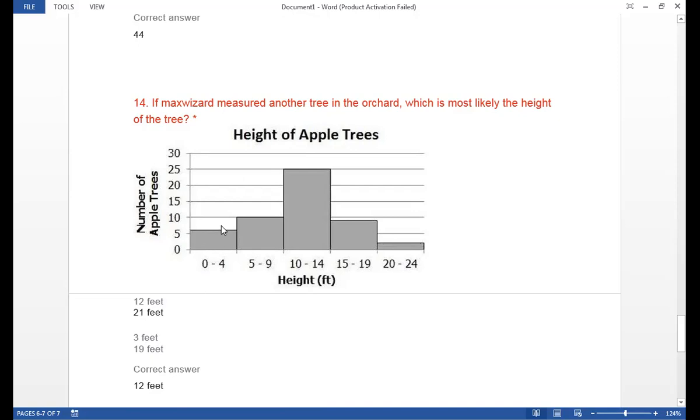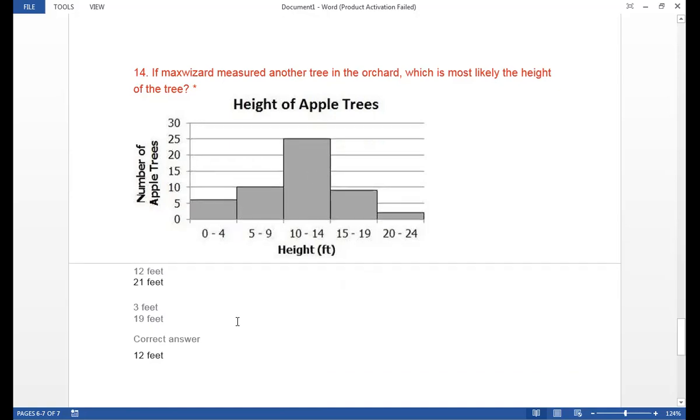It is not likely that you get a tree between 0 and 4 if you pick a random tree. So the best answer is 12, because there are so many trees, 25 trees here, and if you pick a random tree, it is likely that you get one of these heights. So 12 feet will be the correct answer.